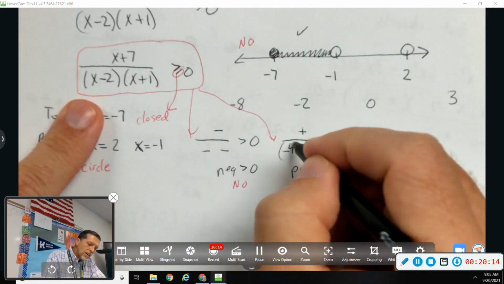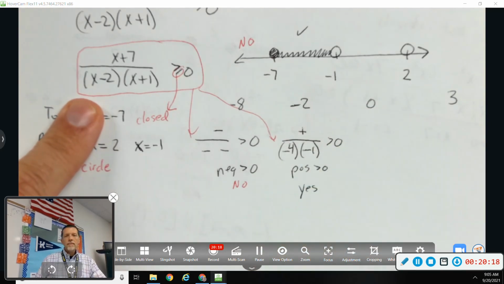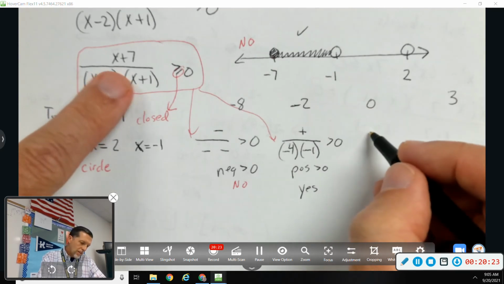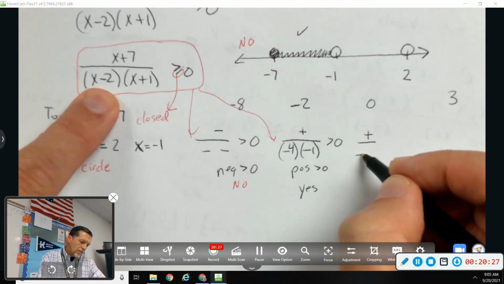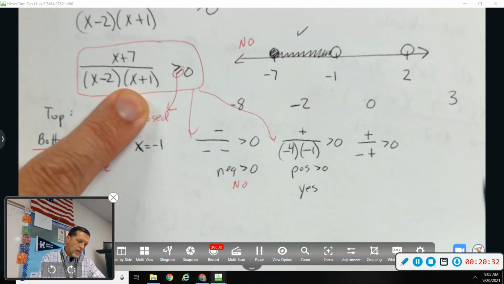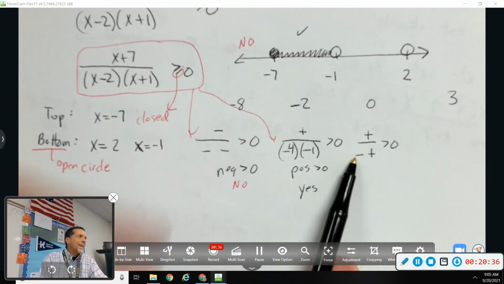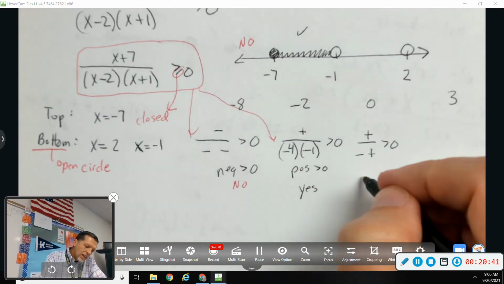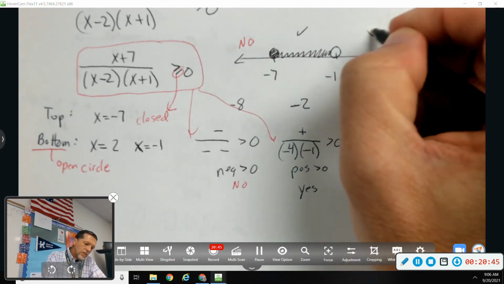Oh, it's negative 2. I thought it was positive. It's all right. Plug in 0, I get 0 plus 7 is positive, 0 minus 2 is negative, 0 plus 1 is positive. And again, show enough work that I can tell what you're doing and that you don't get lost, but you don't have to write out everything. So negative greater than 0, that's a no.